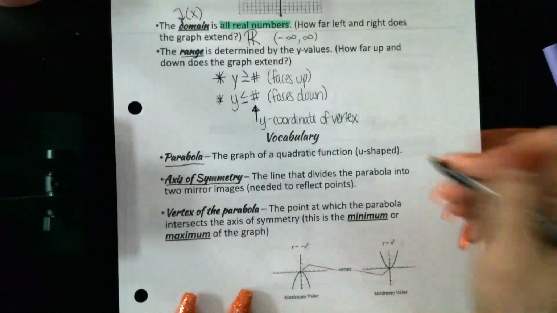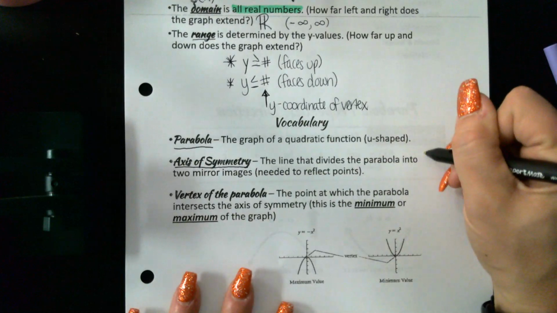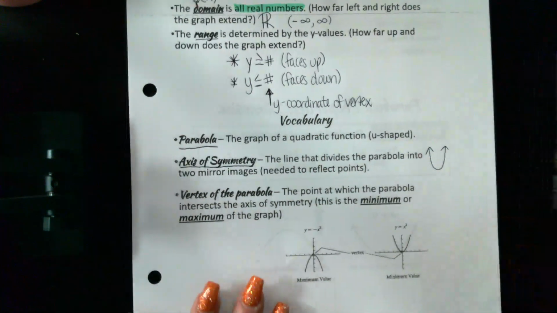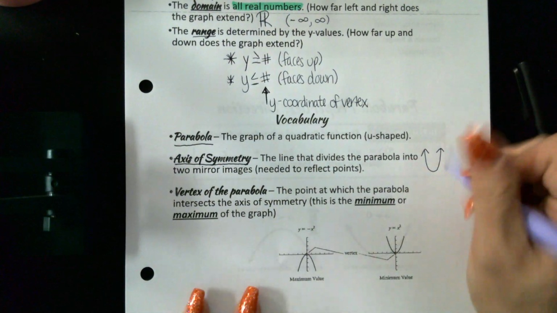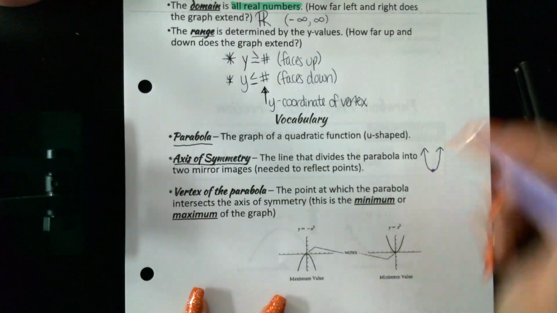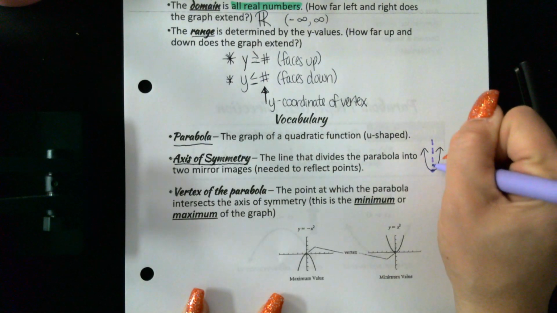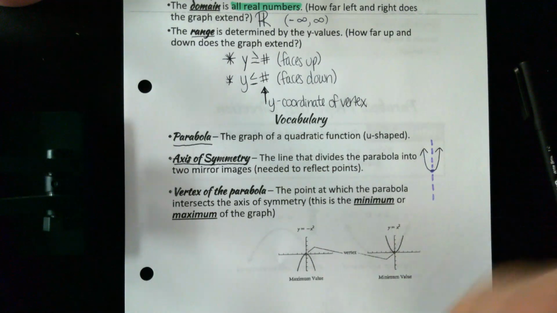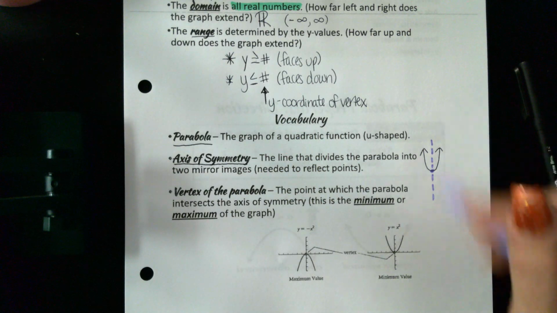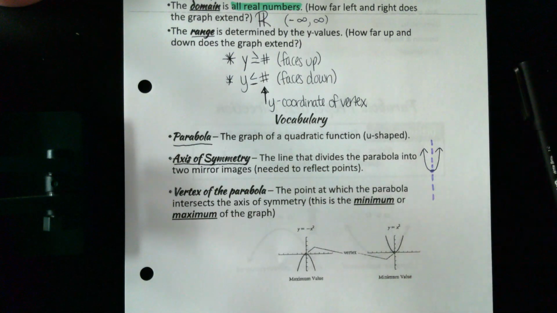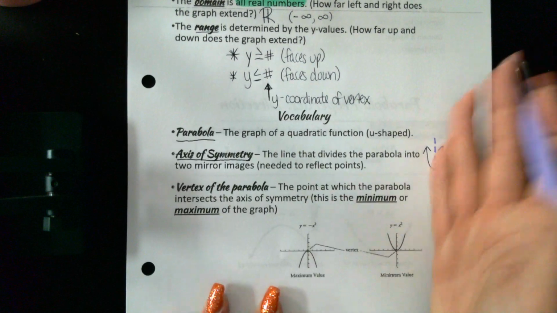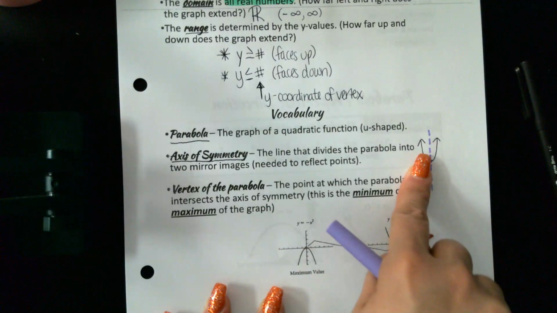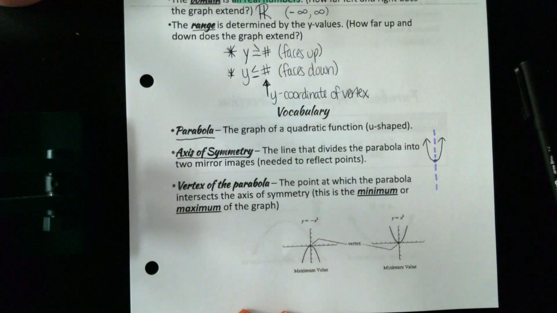I'm not always the best at sketching a parabola, but if I were to draw a U-shaped graph right here, my axis of symmetry would go through this low point, and I always make it a dashed line because technically that's not really part of the graph, so I wouldn't make it solid. That line is what would cut that parabola in half. So if I were to fold this sheet of paper along that dashed line, this right here would fall right on top of that. They're mirror images, okay?